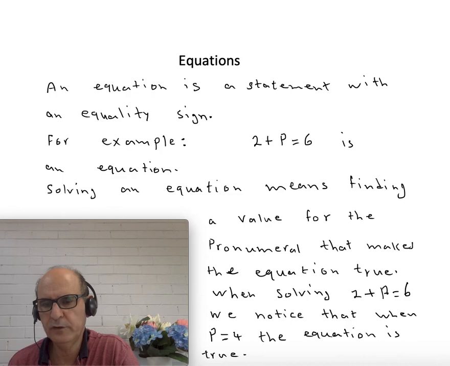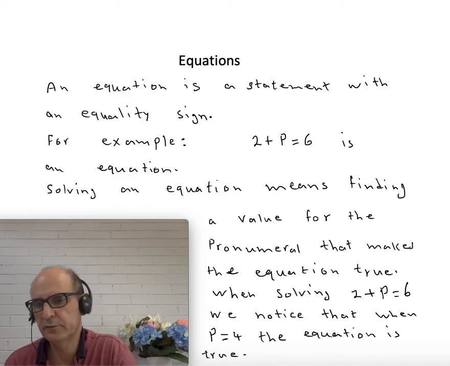If I put 4 here, that becomes 2 plus 4 equal to 6, which is true. But if I put 6 here, for example, then that's going to be 2 plus 6, which is 8, which is not equal to 6. So a value of 6 for p will not make this true. So p equal to 6 is not a solution, but p equal to 4 is a solution.